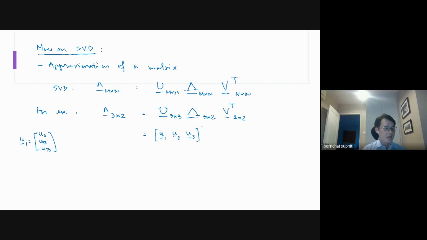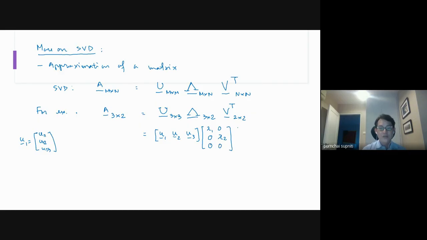And then the lambda is a 3 by 2, so it will be in a form like this. It's going to be 0, lambda 2, and then we have the third row, which is all 0.